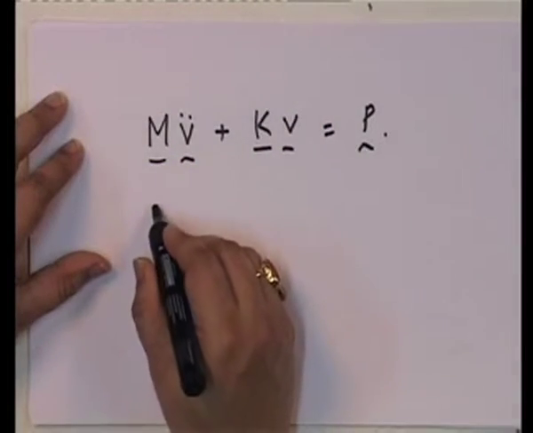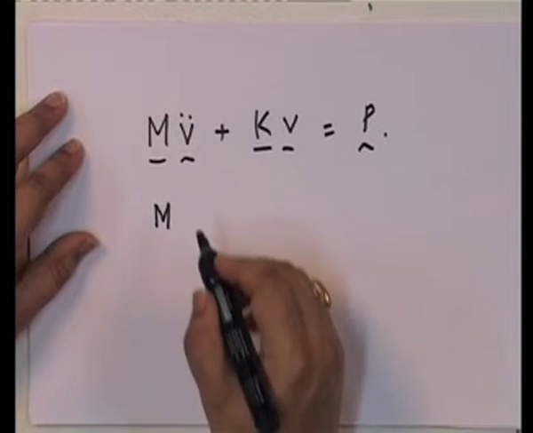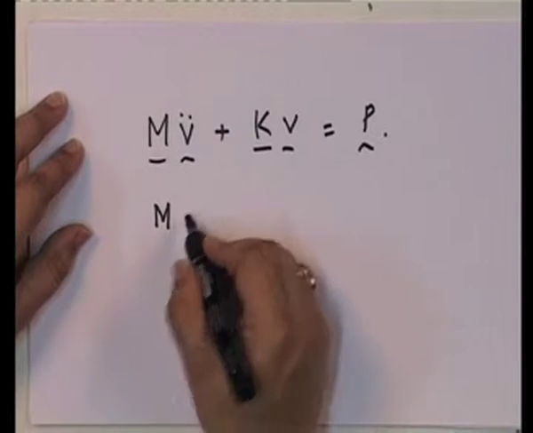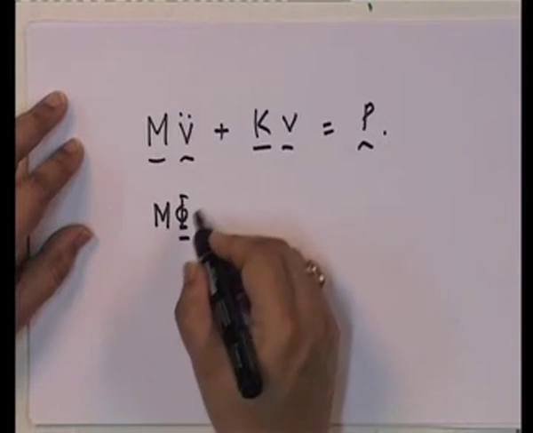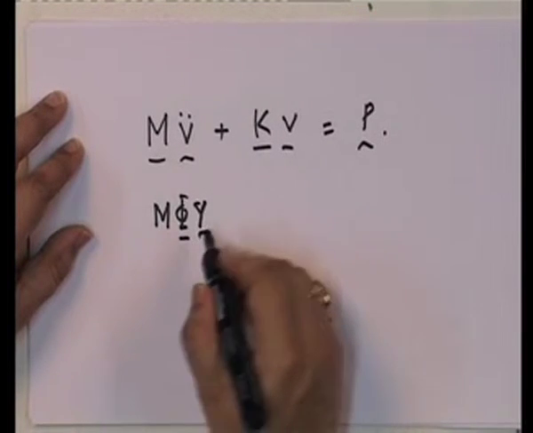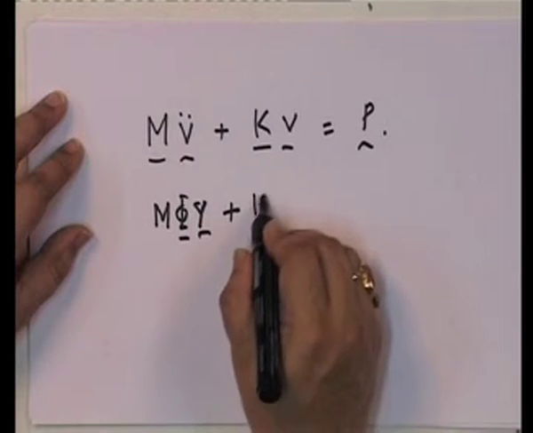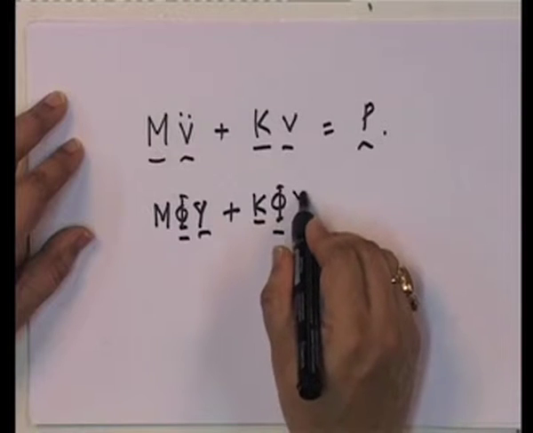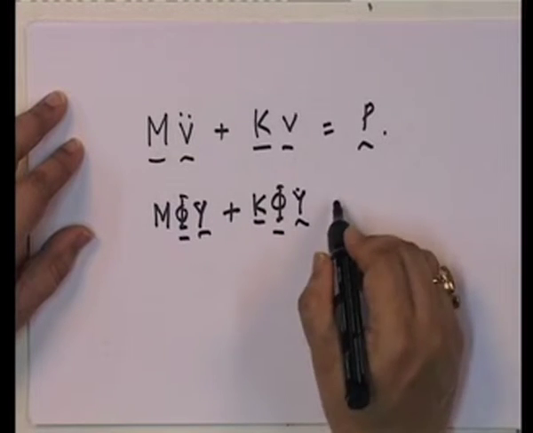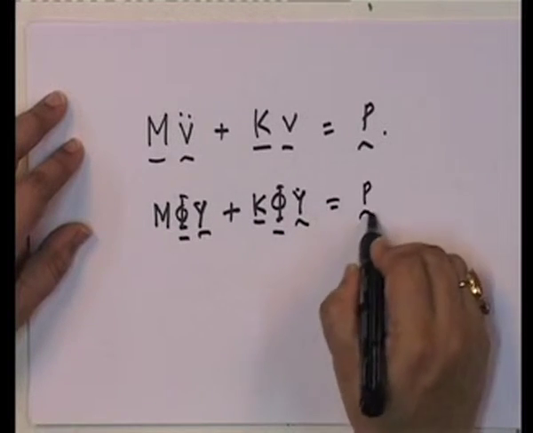It will be m into phi into y double dot plus k into phi into y is equal to p.